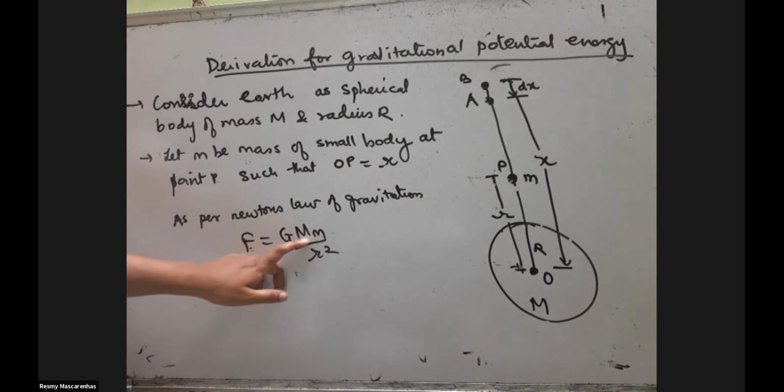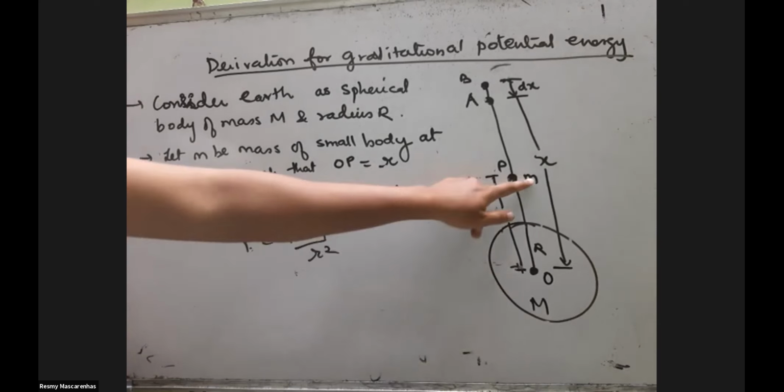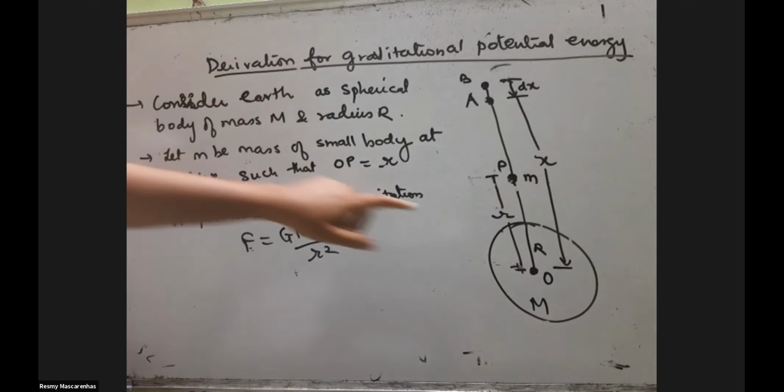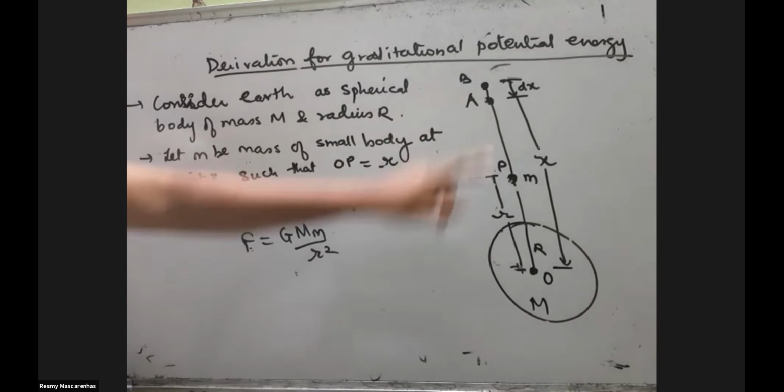M is of the Earth and this mass is of the small body. Now we have to calculate the gravitational potential energy. It's nothing but the work done in moving from here to here.